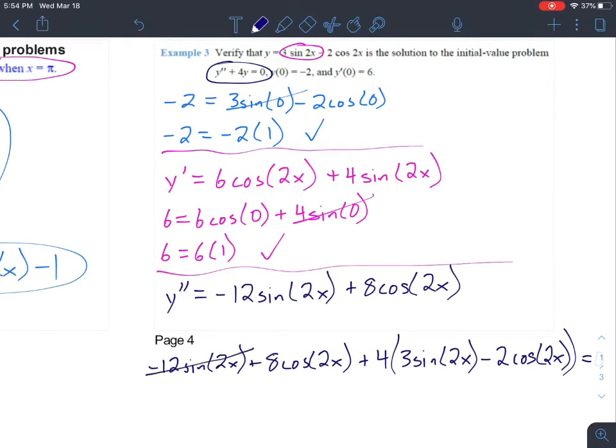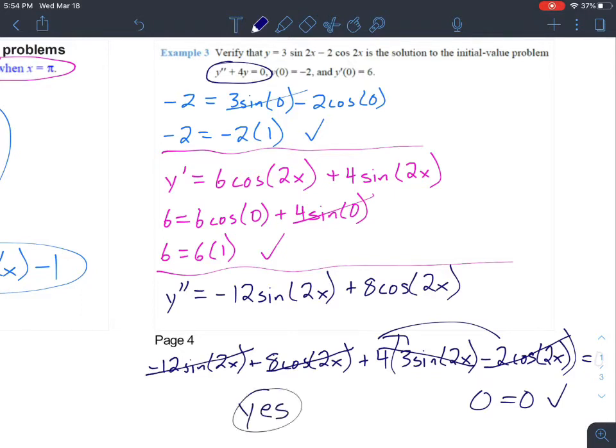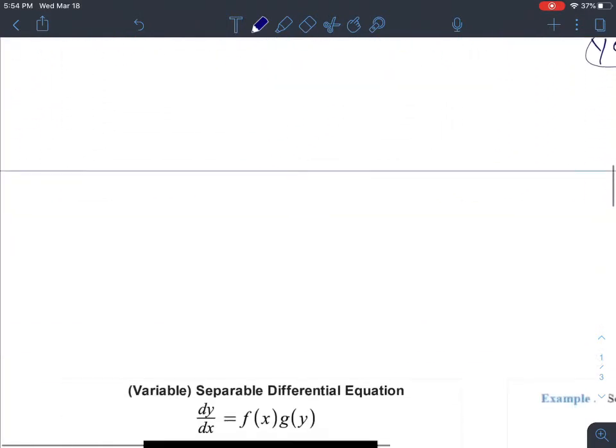I can tell from the first part, negative 12 sine 2x is indeed going to cancel with 4 times 3 sine 2x. 8 cosine of 2x, if we distribute the 4 into there, we're going to get a negative 8 cosine of 2x. That will also cancel. We are going to get 0 equals 0, and therefore we do have this function of y as a solution for our differential equation. So yes.